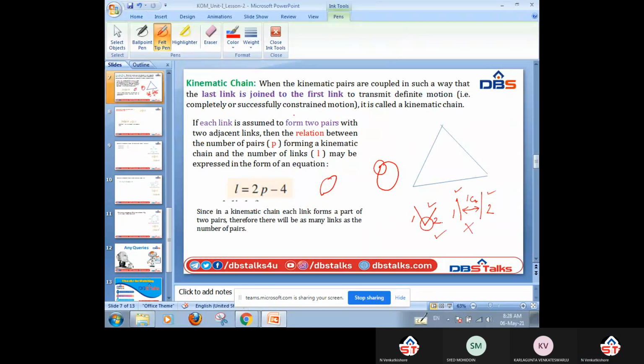This is only the pair. Then what is coming to the kinematic chain?